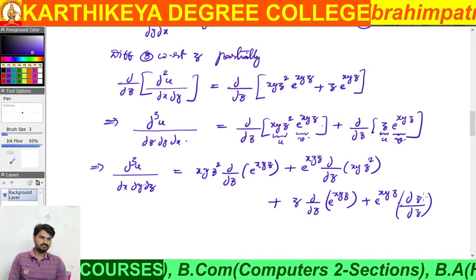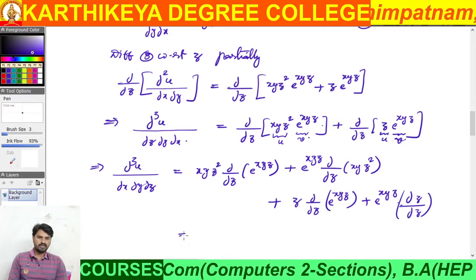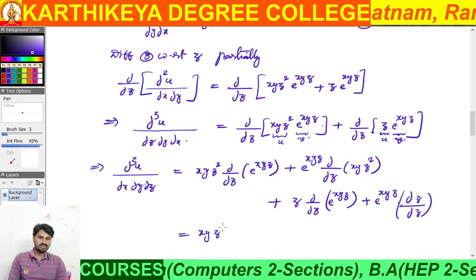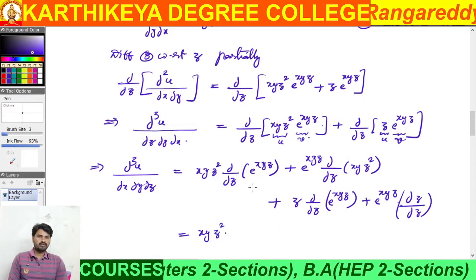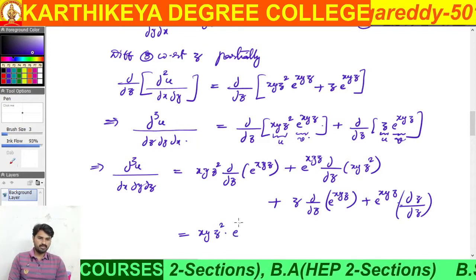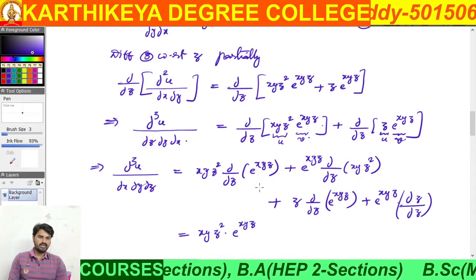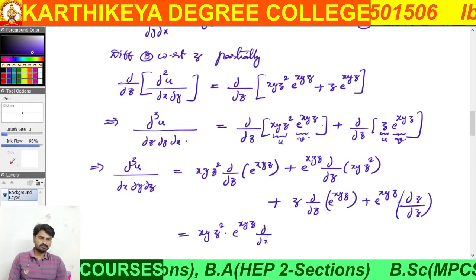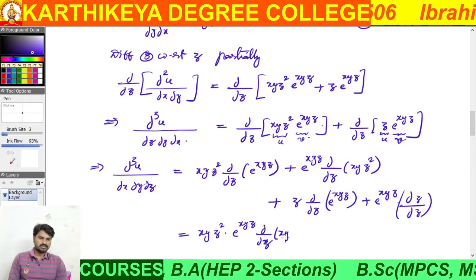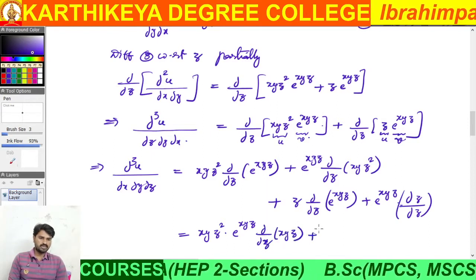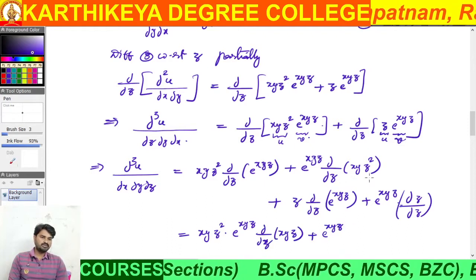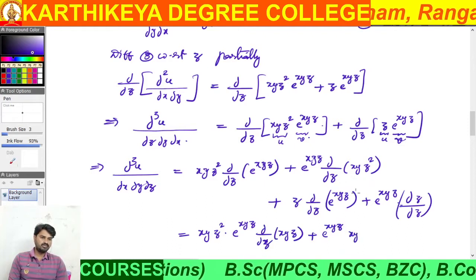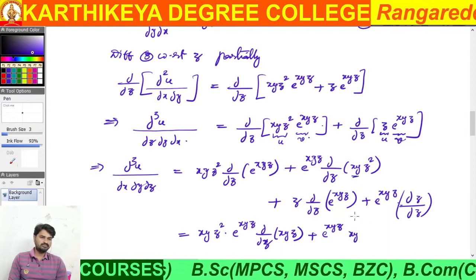Now simplifying, xyz² into the derivative of e^(xyz). If you differentiate xyz with respect to z, you will get e^(xyz) times xy, because here z is the variable, so you can take xy out before the derivative.